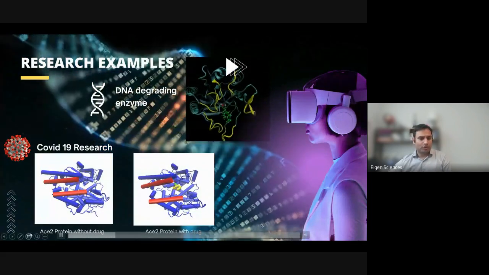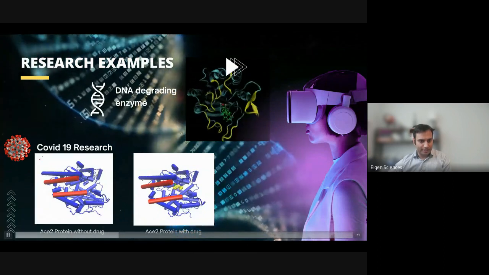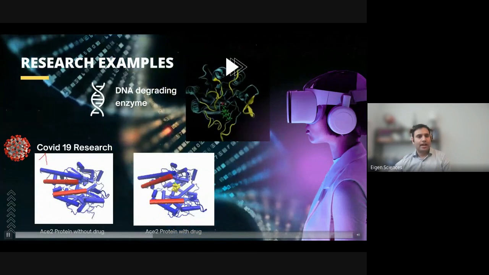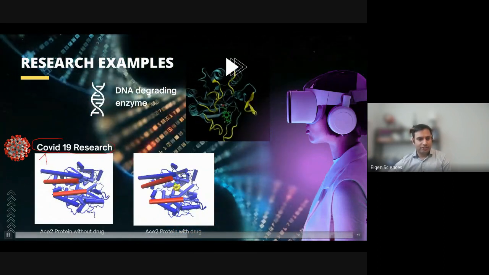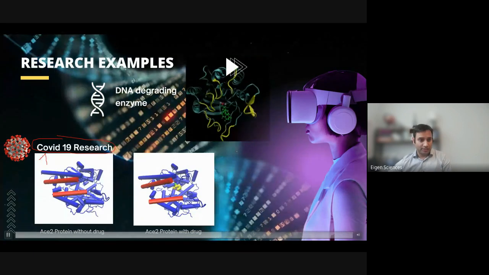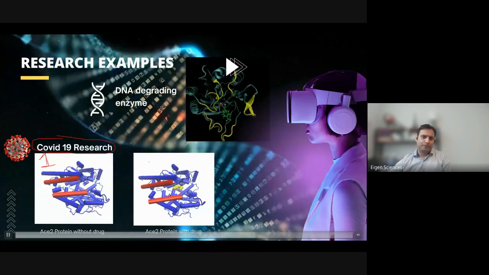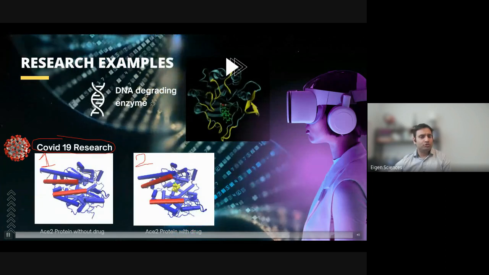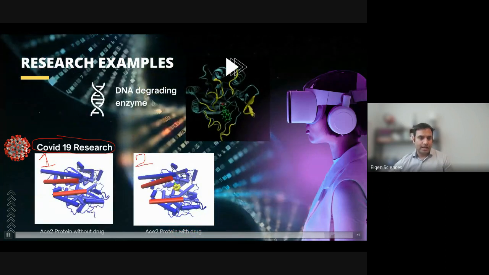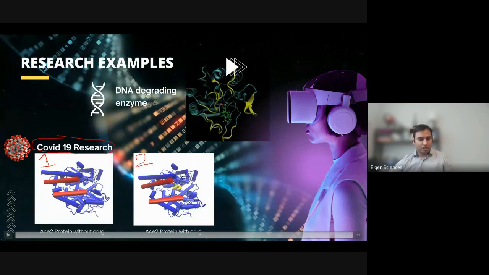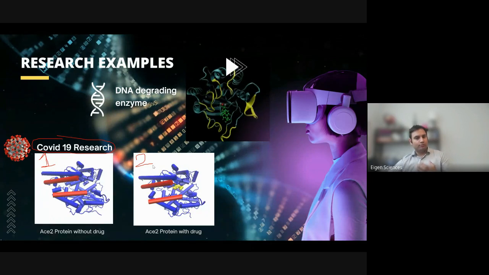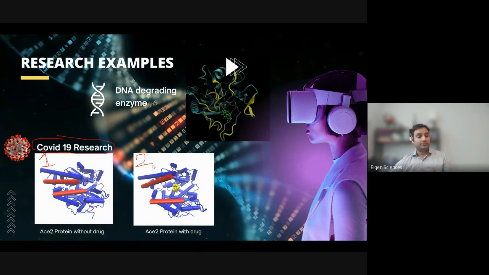I can talk about this COVID-19 research. In this research, there are two proteins, number one and number two. These two images are 3D structures of proteins which are present in our lungs.